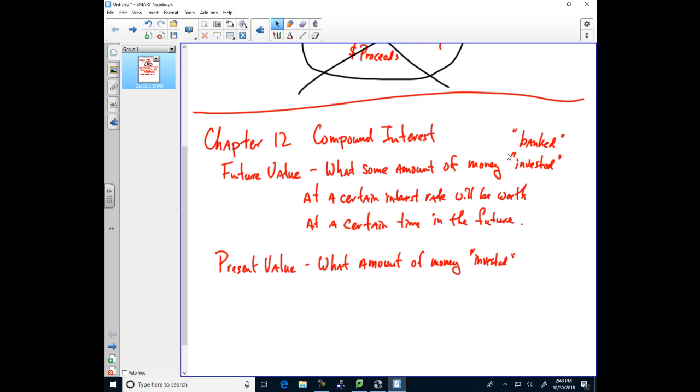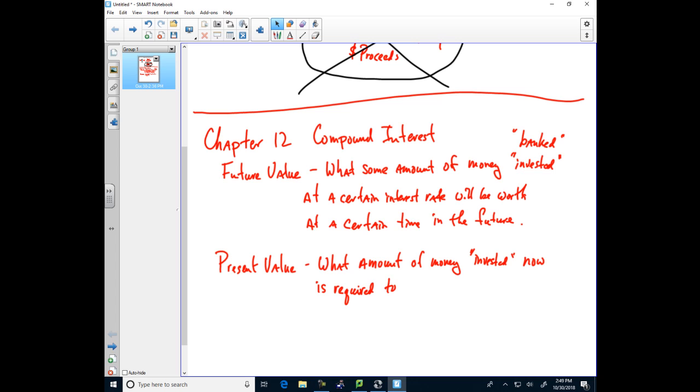What amount of money invested now, I should rewrite that. How about, I'll put all the words in, we'll see if they make sense.